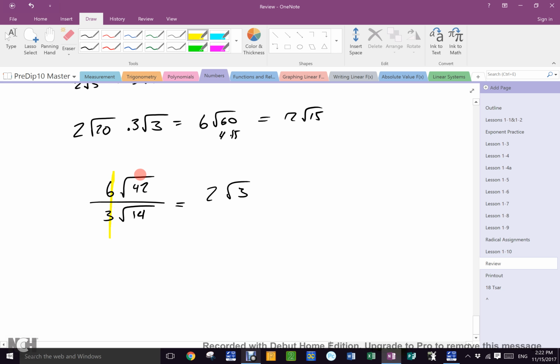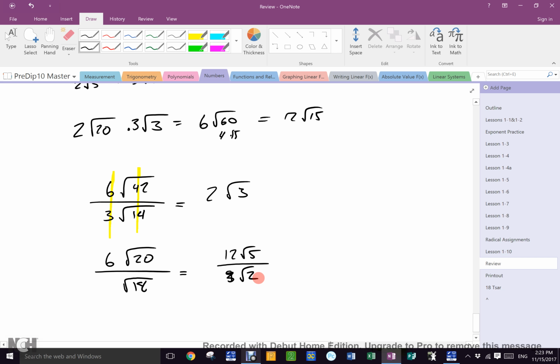Because these guys work together. 6 root 20 over root 18. You can't divide that. So what do you do? You have to rationalize. Simplify first. That would be 4 and 5, so it would be 12 root 5 over 9, so that's 3 root 2.